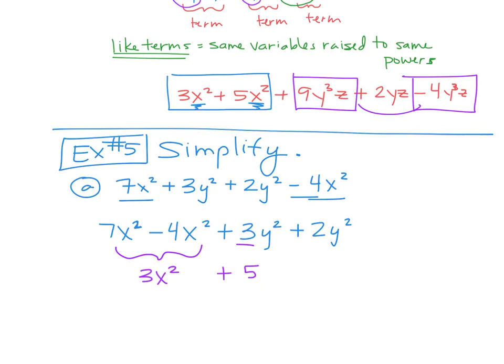Add those together. So 3 plus 2 is 5, but the y squared stays. Notice this is not 3x to the 4th, right? It's like saying 7 apples minus 4 apples is still apples, okay? You don't want to change your exponents when you're adding things together. Good on that? Okay, so your answer here, simplified, would be 3x squared plus 5y squared.